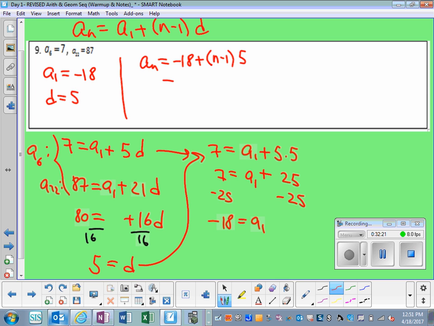And now I can just simplify by distributing first and then combining like terms. So this will give me 5n and minus 18 minus 5 is minus 23. So here is the explicit rule for this arithmetic sequence. Half of the problem done. Questions?